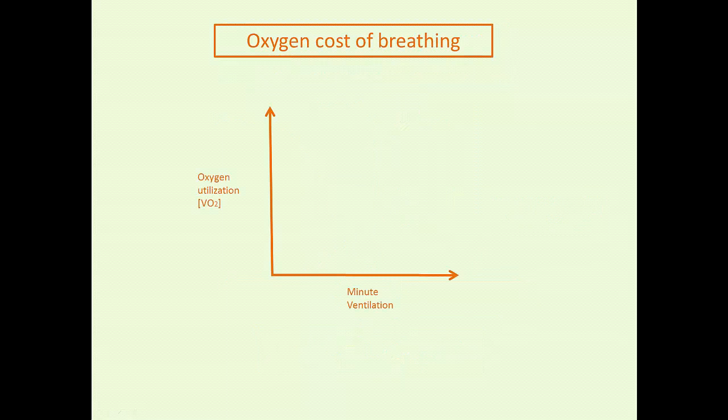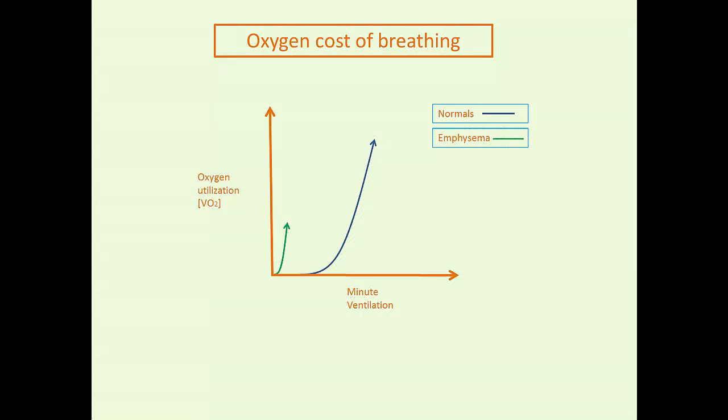So what's this idea of oxygen cost of breathing? Well, if you look at oxygen utilization here on the y-axis, as measured by the VO2, it's labeled as your oxygen utilization. This depicts normals, and as you increase your minute ventilation, say as somebody's exercising, you see that the VO2 tends to increase in a somewhat exponential fashion.